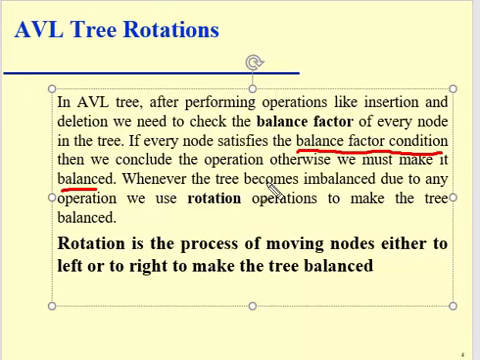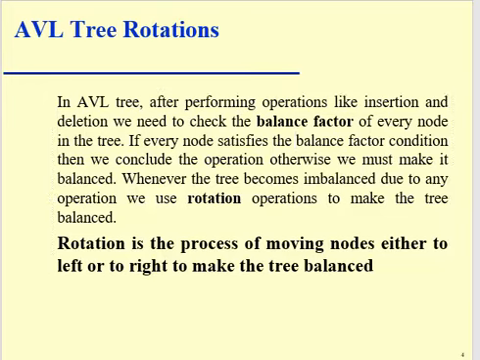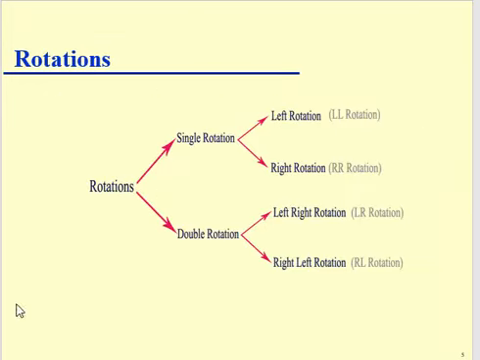To make the tree balanced, we need to provide rotation operations. Rotation is the process of moving the nodes either to the left or right to make the tree balanced. I will tell you in my next slides what the rotation processes are. By using those, you can make your unbalanced tree a balanced one. These are very important. Rotations can be of two types, single and double.